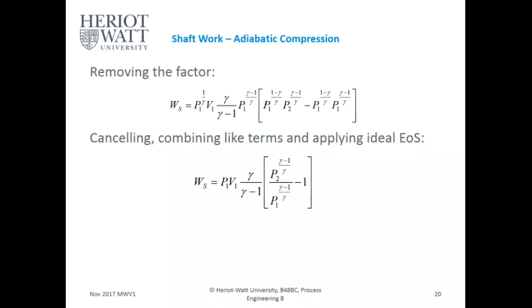We get P1 V1 gamma over gamma minus 1, times P2 over P1 to the power (gamma-1)/gamma minus 1. So you took the like terms out, cancelled out. This is what you get. I'll finish these slides and let you go through this for 5 minutes, and I'll walk around. If anyone has questions, we'll work through it. If you're not following, it's fine.